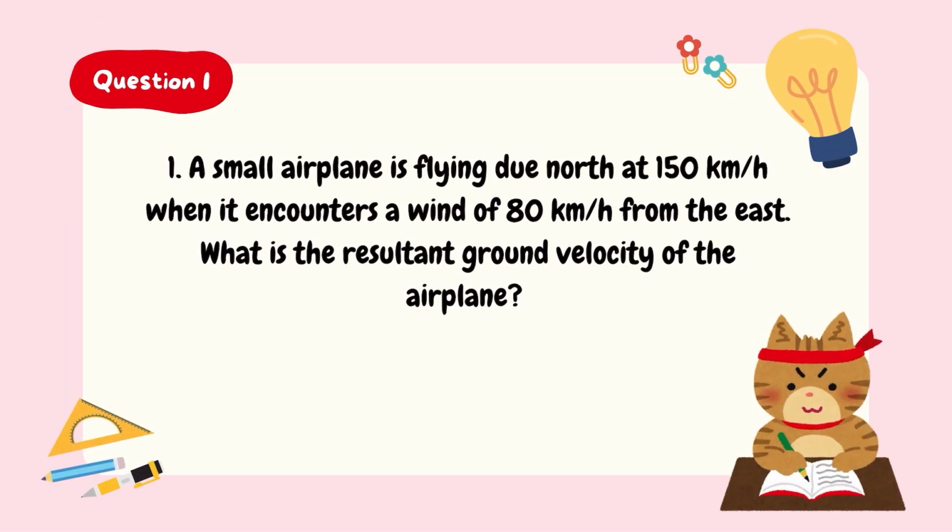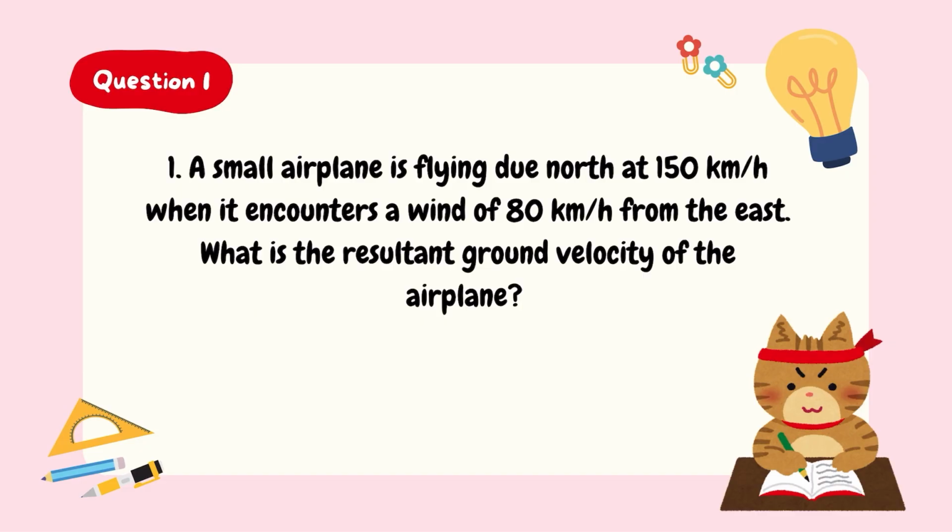And now let's do some workouts. Question 1: a small airplane is flying north at 150 kilometers per hour. When it encounters a wind of 80 kilometers per hour from the east, what is the resultant ground velocity of the airplane? If it's heading north, it means it's heading upwards in 2-dimensional space.